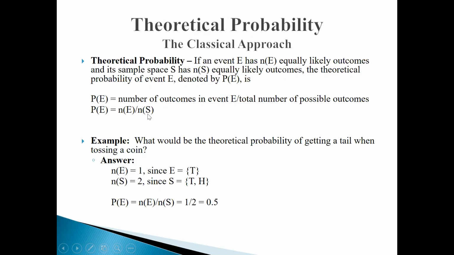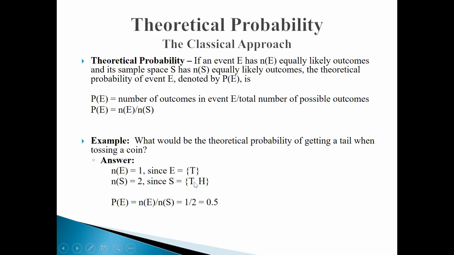So, for example, what would be the theoretical probability of getting a tail when tossing a coin? Well, we have to think about the event. The number in the event is 1 because the event is getting a tail. So the event is just the set with T, getting a tail. But what is the sample space? The number in the sample space is 2, because you can either get a head or a tail when you toss a coin.